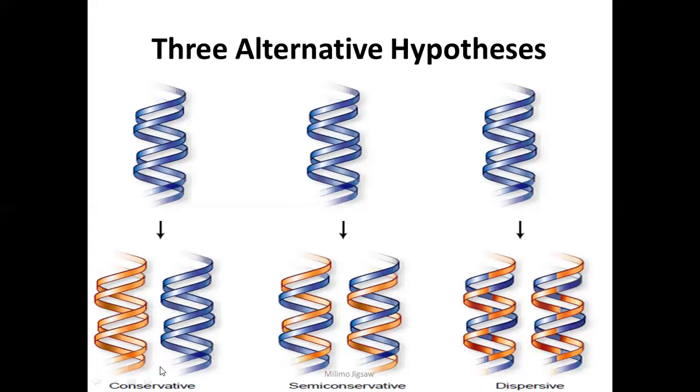So when we look at the first hypothesis, it is called the conservative theory, or conservative hypothesis, of DNA replication.